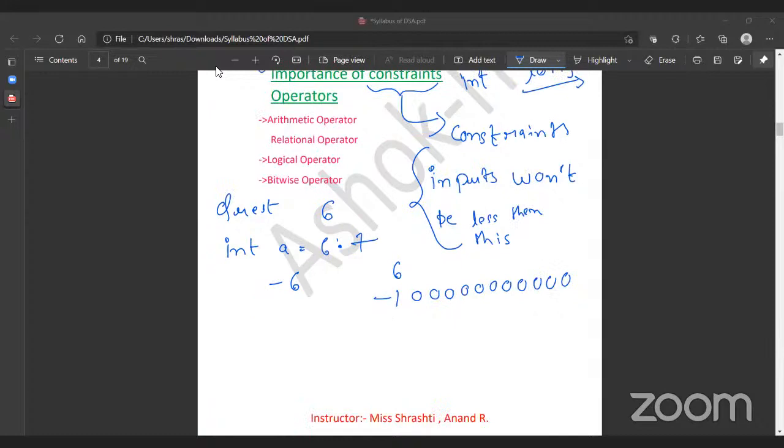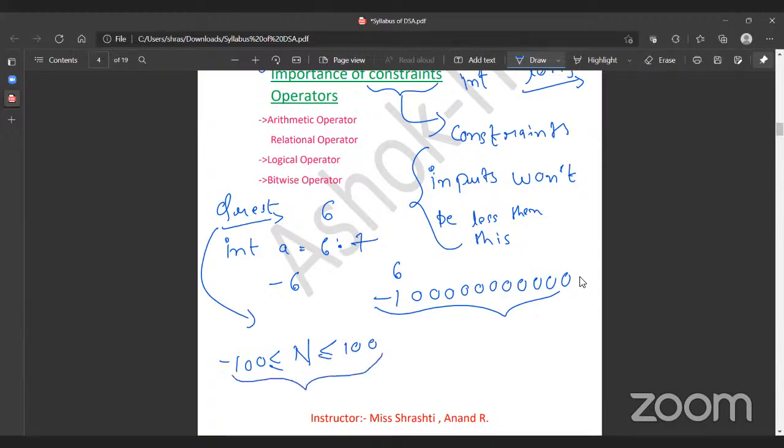But whenever we are given a question, it must have some certain limits. Obviously, you can't just have any number and start implementing your logic. So for that reason, whoever sets or writes the question sets the constraint that you have to take an input, but it should not be less than minus 100 and it should not be greater than 100. So now you know that all the numbers will be between minus 100 and 100.